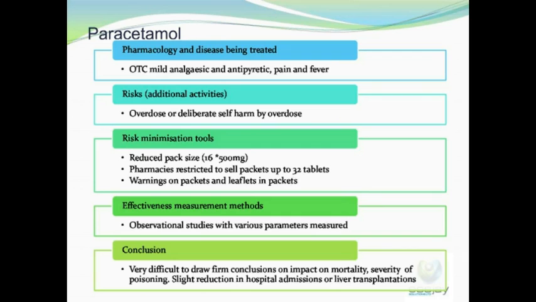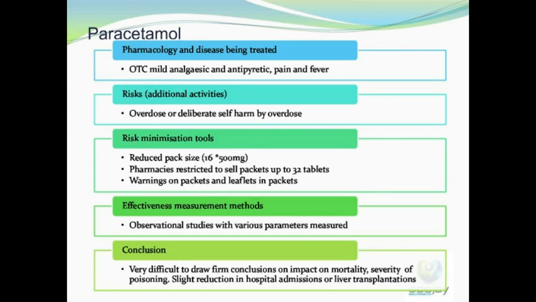And then the last one is paracetamol. We all know paracetamol, been around for years and years. It's OTC, meaning over the counter, for mild pain relief, and it reduces fever as well. But if you do overdose on paracetamol, it can be extremely nasty. It can give you fatal liver failure, or certainly liver problems.